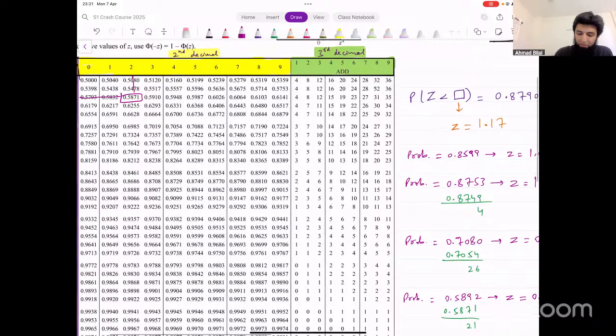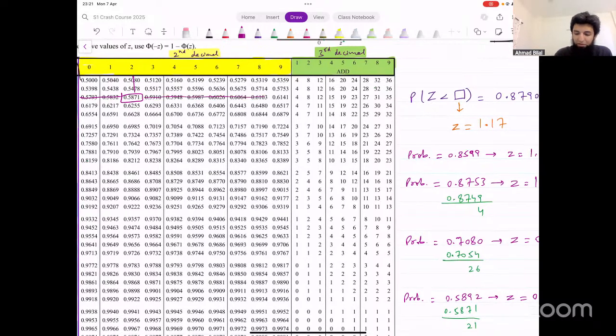Now let's go to the right side and see where 21 is. 21 is in the middle of 19 and 23. Now, is 21 closer to 19 or is it closer to 23? That's the question now. It's exactly in the middle, right? 21 is the midpoint of 19 and 23.